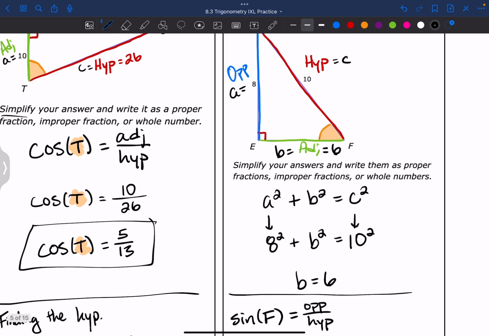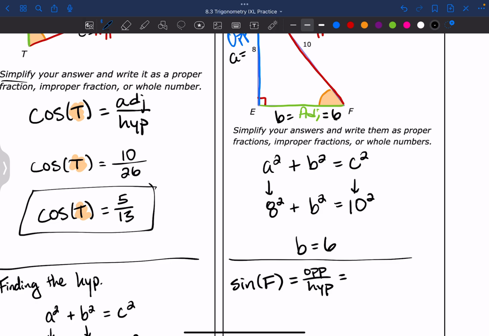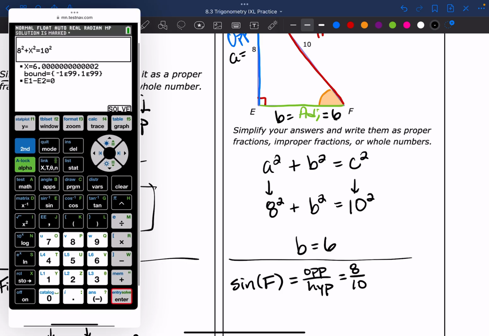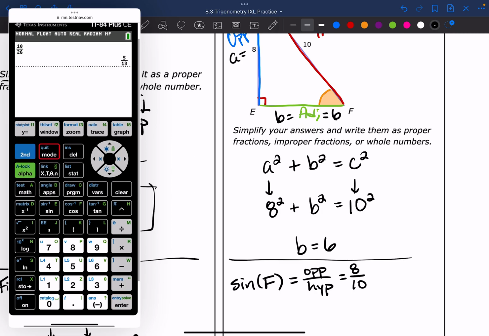So looking at it, the opposite side is 8 over my hypotenuse, 10. You can reduce that, so go back to the default window. If you know it by hand or by what you're seeing, that's fine as well. So 8 divided by 10, press enter. We'll reduce down to 4 over 5. So that would be my answer for sine of F.